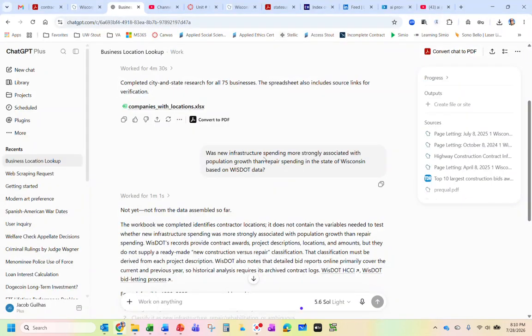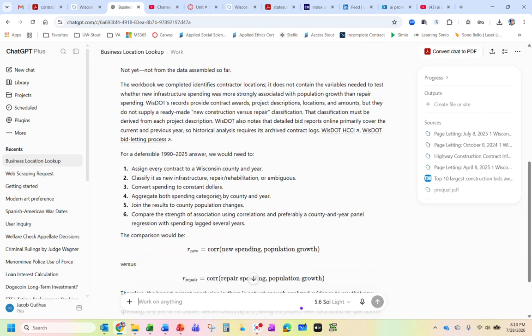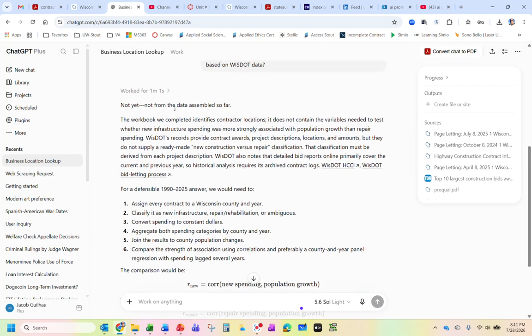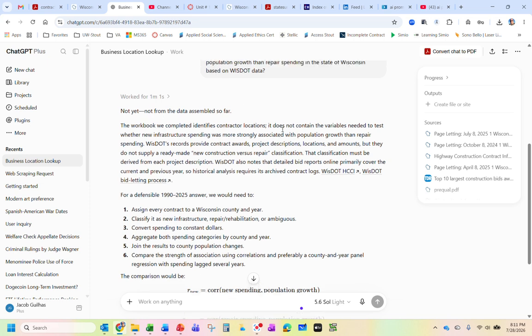Okay, so I took this question: is new infrastructure spending more strongly associated with population growth than repair spending in the state of Wisconsin? It can't answer that right away, not from the data that we've assembled so far.